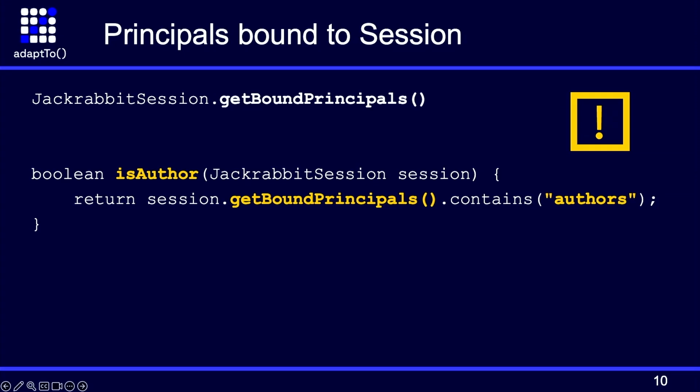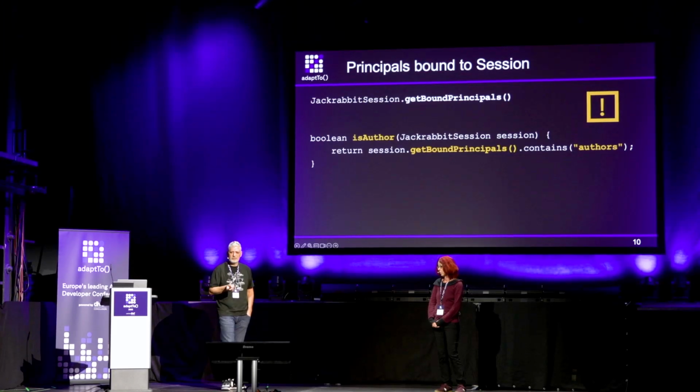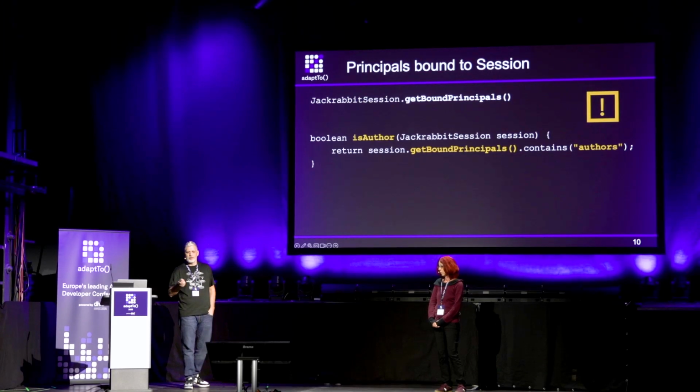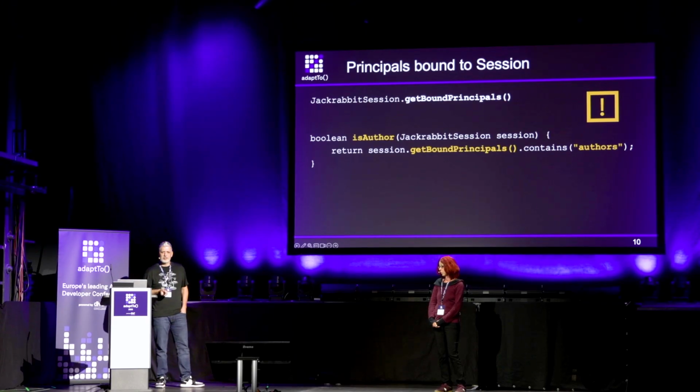And so from here, we are not relying on this resolution. You are also adding the principals that maybe are not coming from the user manager. For example, you have bound principals that are added by other principal providers that you have, not only the ones that come from the user management.